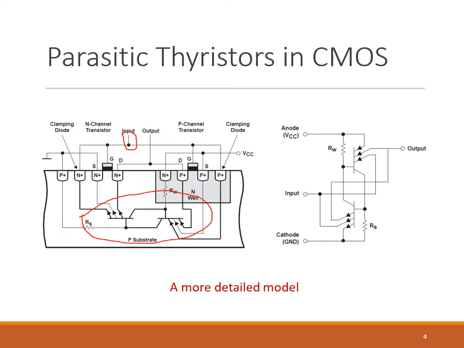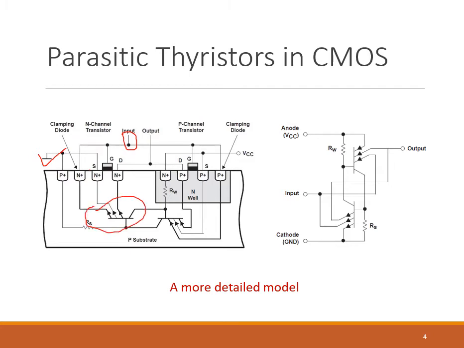Now another case is when the input or output voltage is less than the ground voltage. In that case, as you can see here, if the emitter voltage is lower than the base voltage, then the emitter-base junction of this NPN transistor will be forward biased and it will trigger this NPN transistor.